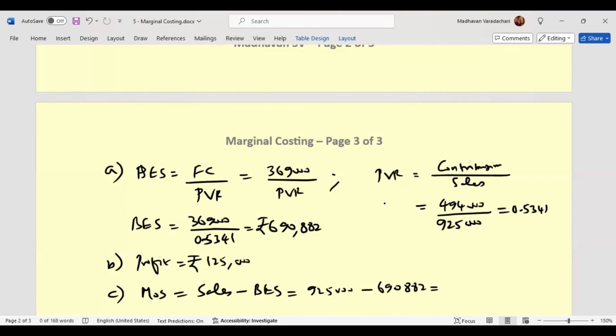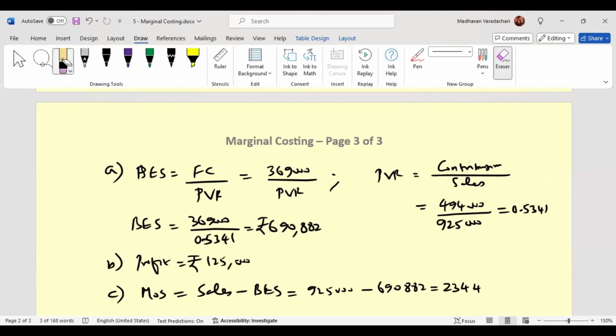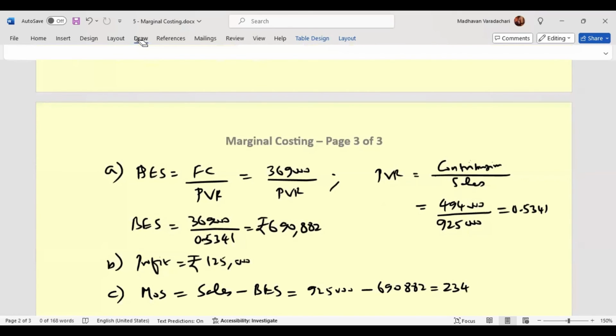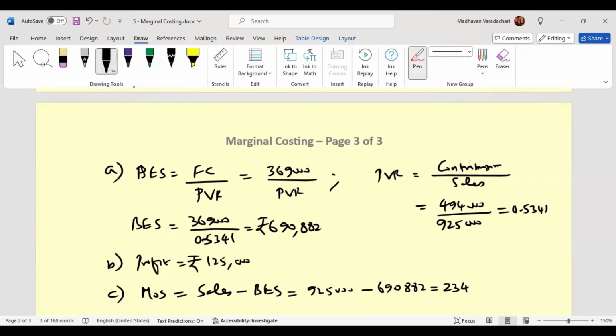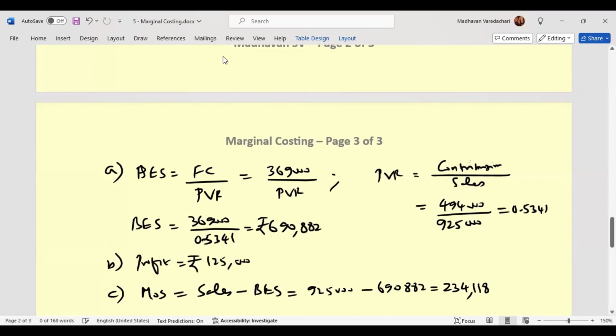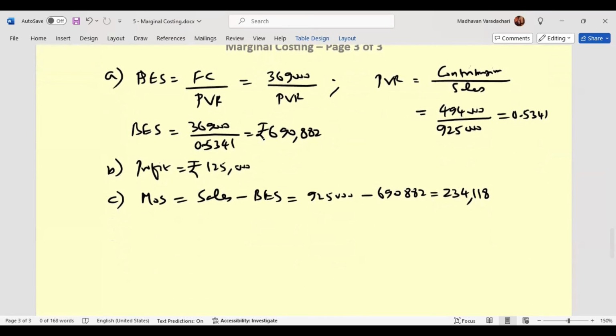If we subtract these two, we get 234,118. So margin of safety in terms of percentage is 234,118 divided by the total sale 925,000 multiplied by 100, we will get 25.3%.